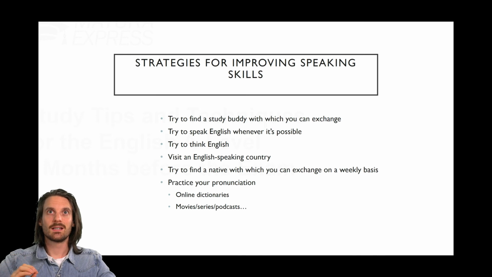English-speaking websites such as BBC and so on, dictionaries, Cambridge, Oxford, and so on. And they normally have sound files with them. The American version would be Merriam-Webster, for example.